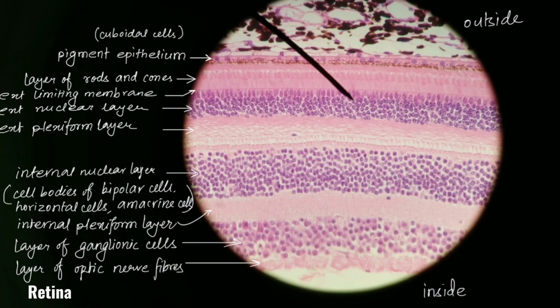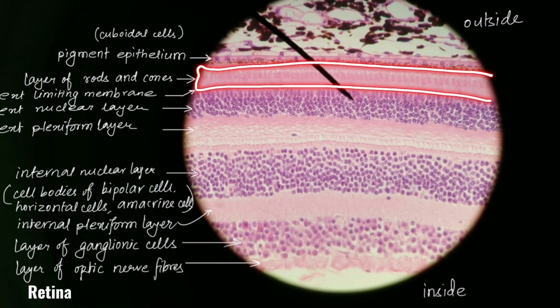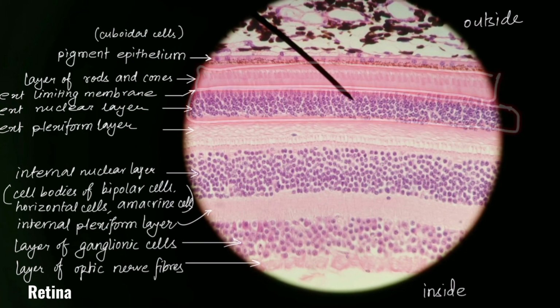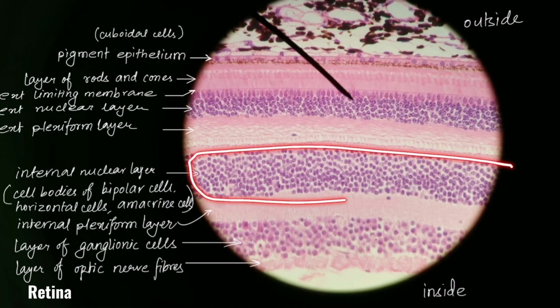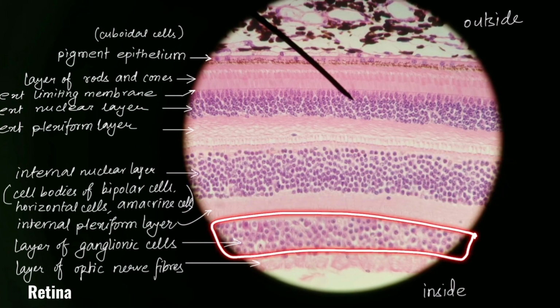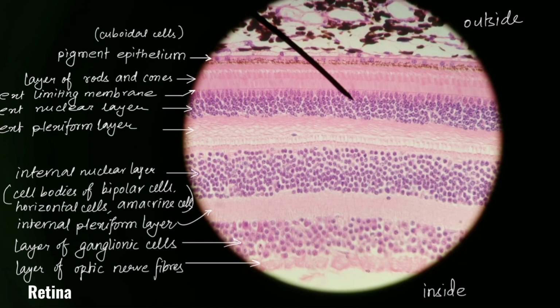But we at least know that from outside to inside, there are first photoreceptors, then bipolar cells, then ganglionic cells. These are your photoreceptors, and these are the cell bodies of your photoreceptors. These are the cell bodies of your bipolar cells, and these are the cell bodies of your ganglionic cells.